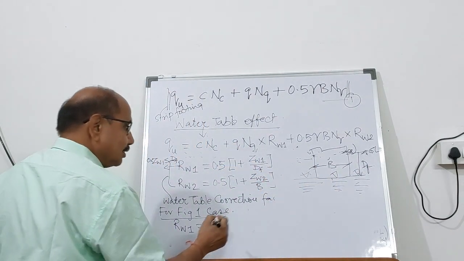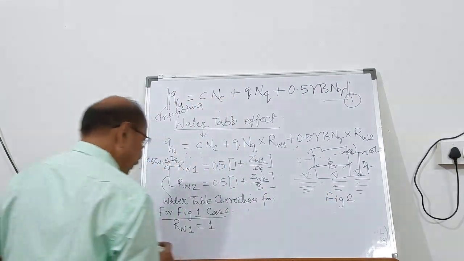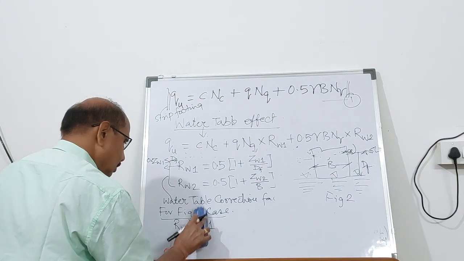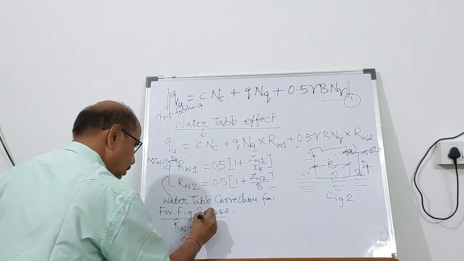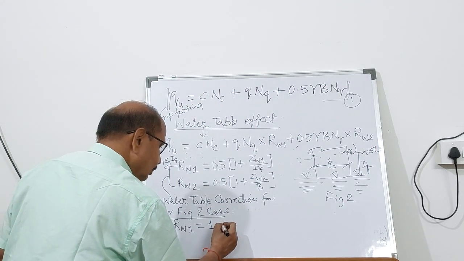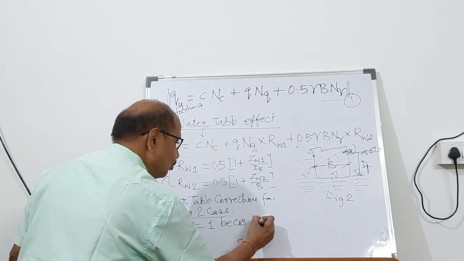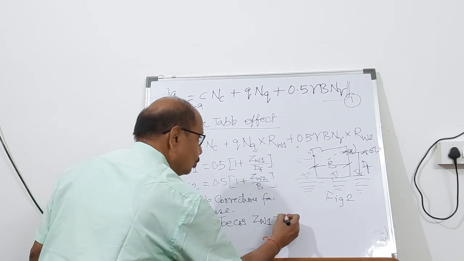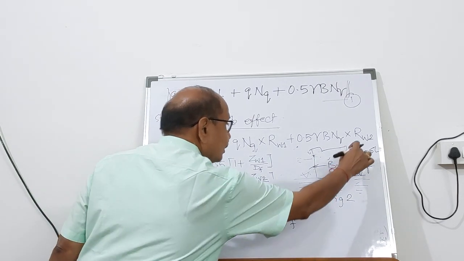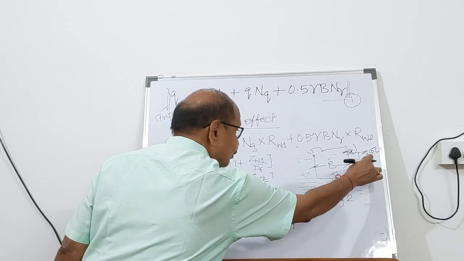For this case, let's say figure 2, RW1 will be 1 because ZW1 equals DF. From the ground level, the water table is at a depth of DF.